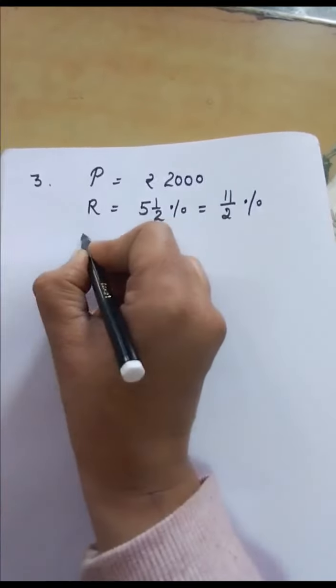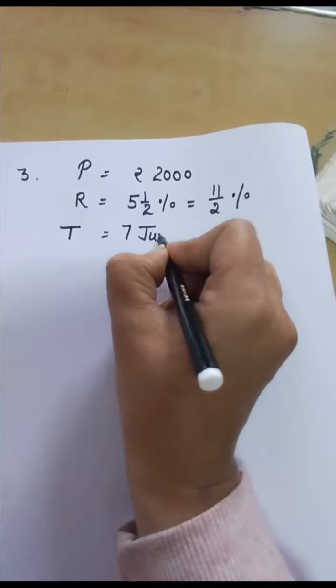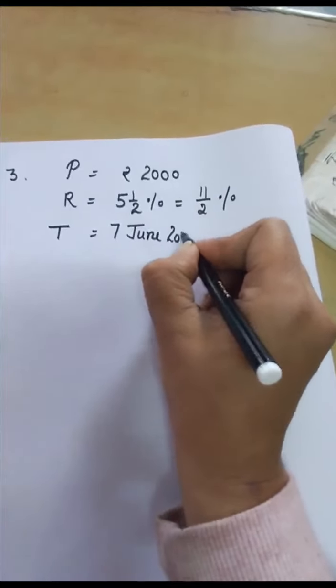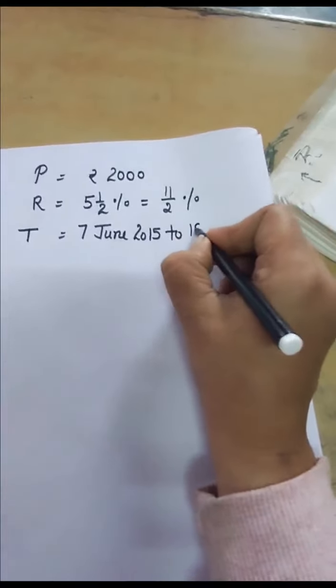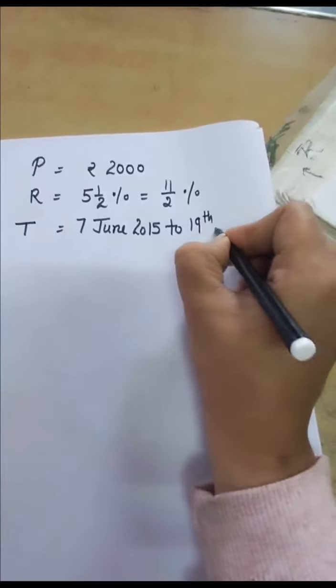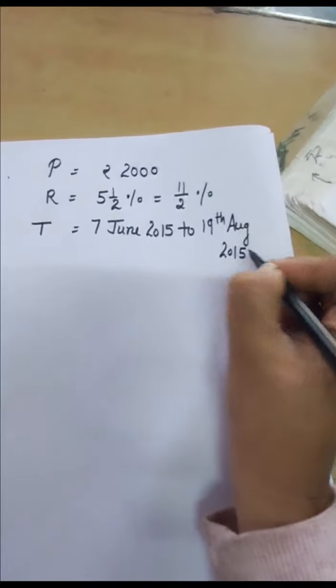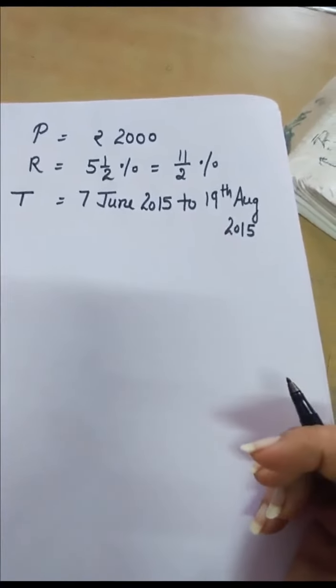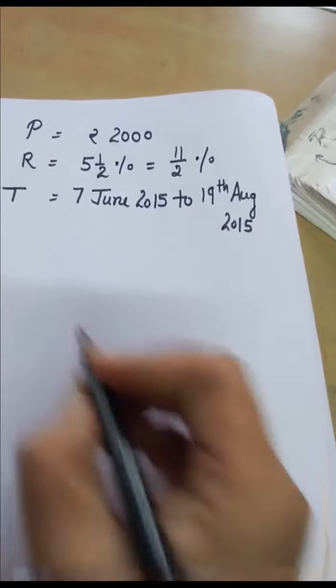And now time is 7 June 2015 to 19th August 2015. That means on 7th you have deposited your amount in a bank, and on 19th August you have withdrawn. So let's calculate the number of days from 7 June to 19th August.